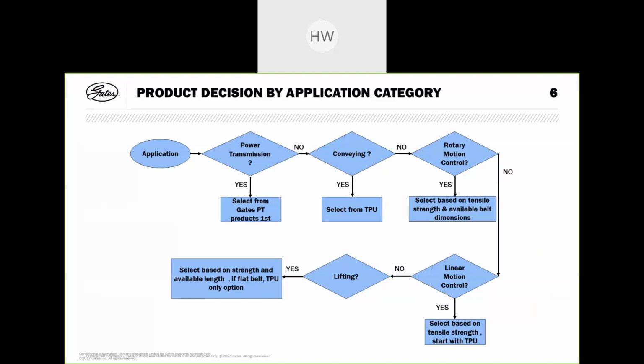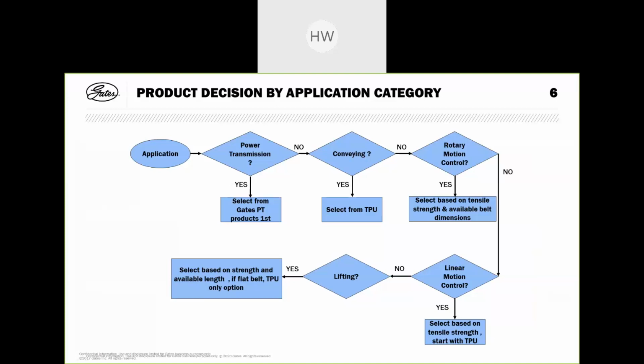If it's not a rotary motion control, then the next question will be, is it a linear motion control application? For linear motion, here we also have two possibilities, two product lines: the Gates rubber power transmission linear belt or the TPU belt. It depends on the application, on the environmental situation, and also tensile strength and effective tensile, to check whether it's a PT rubber belt or a TPU belt.